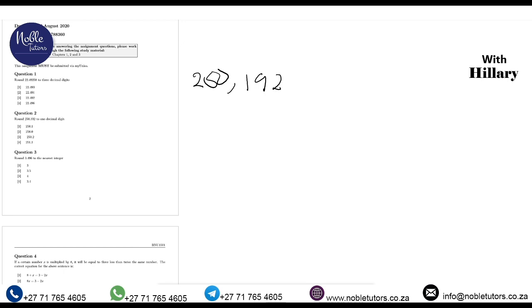If they say to 2 decimal digits, we need to count 2 numbers after the comma, which is 1, 2. Then we look at the number that comes after, which is 2. Our rule says 0 to 4 or 5 to 9. We can see that 2 is between 0 to 4, so we don't round off anything. So our final answer will be 250.19. We leave it like that.